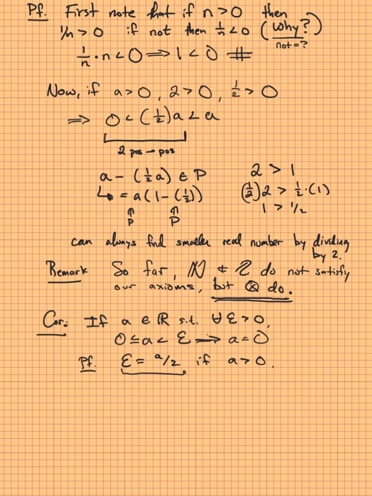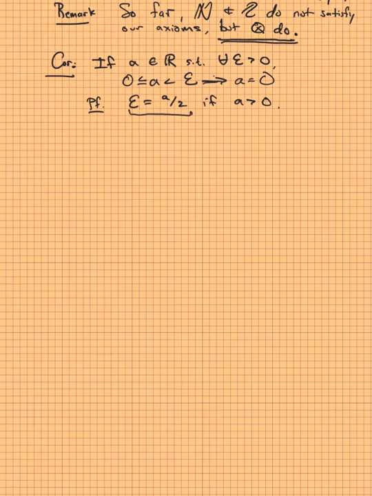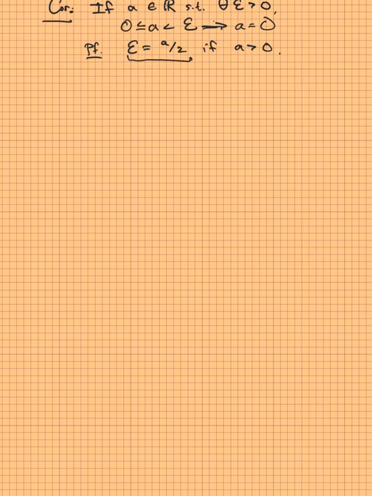Okay, so now we want to notice the main difference between the real numbers and the rational numbers. How do you distinguish this? The main difference between R and Q is called completeness.